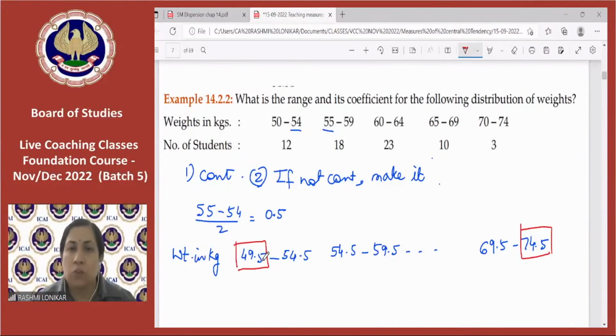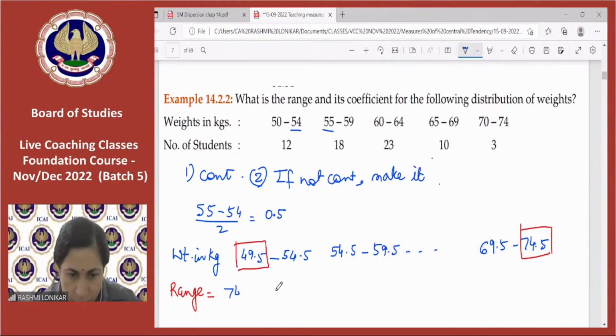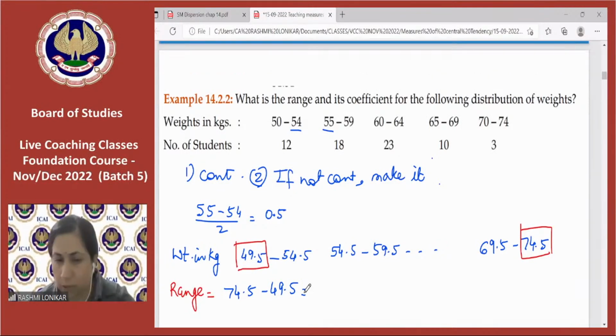So now I can find the range. Range will be equal to 74.5 minus 49.5, which is equal to, can you tell me what the answer will be?